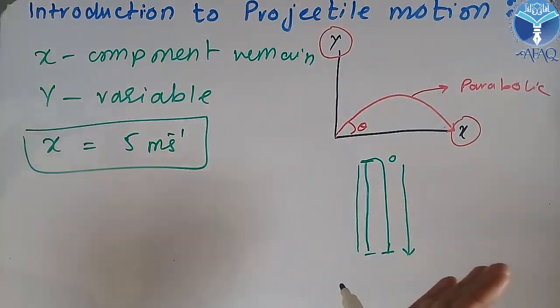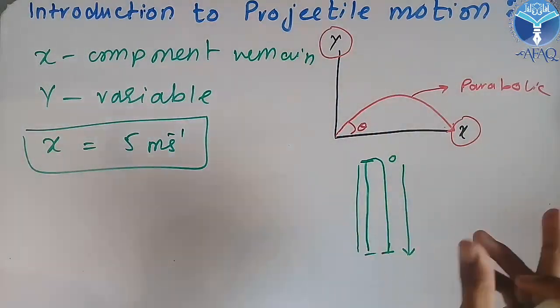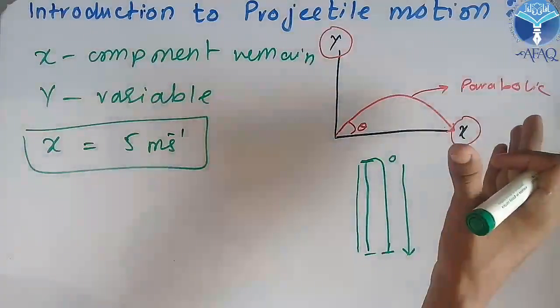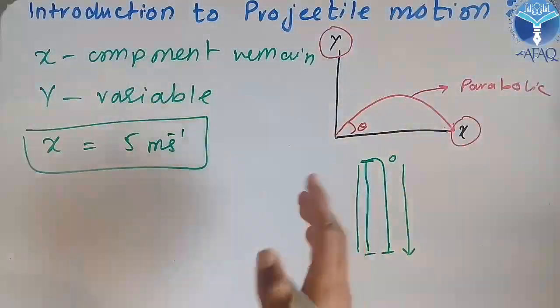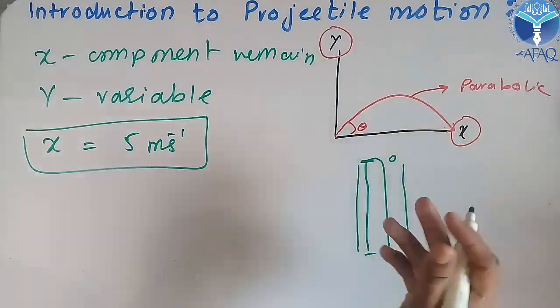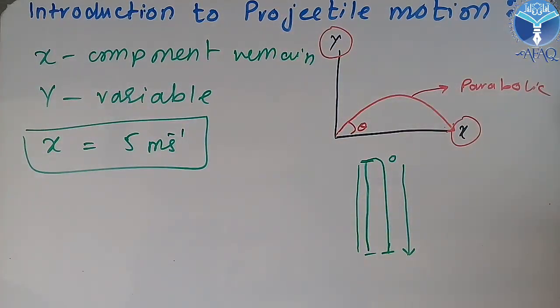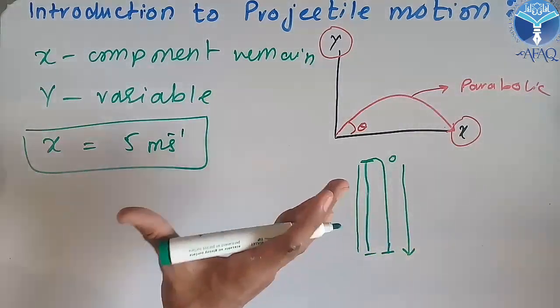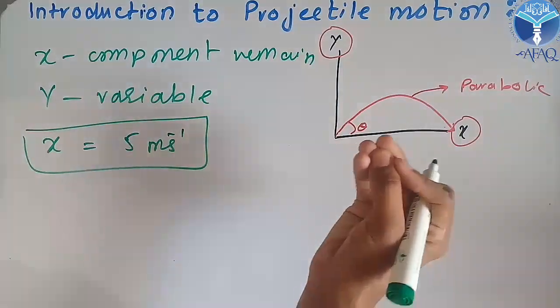But the question arises, how is it possible? Because we have drag force, spin movement, height of release, and different angles. So why does the projectile's x component remain constant? As we know, this is a convention we have adopted in projectile motion so that we can easily carry out our calculation.